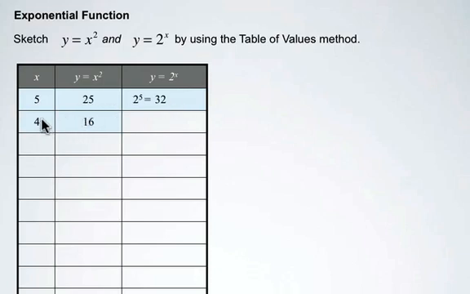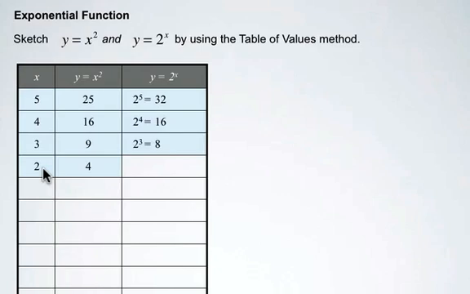For x equals 4, x squared is 16, but 2 to the 4 is 16. So they're the same. For x equals 3, x squared is 9, but 2 to the x is 8.